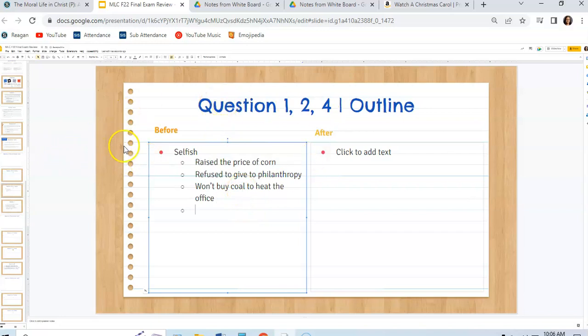What else would you say about him before? We could say that he's lonely and isolated. He won't go to Christmas with his nephew.